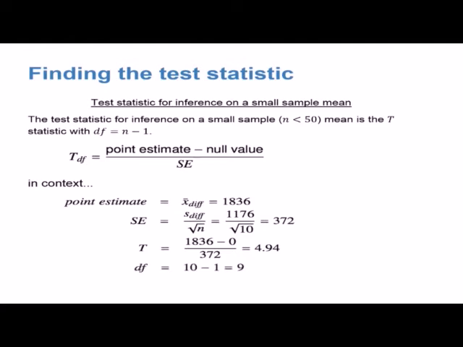Our degrees of freedom is sample size minus 1. It should be noted that the null value is 0 because in the null hypothesis, we set that the average of the differences is equal to 0. This doesn't always have to be the case.